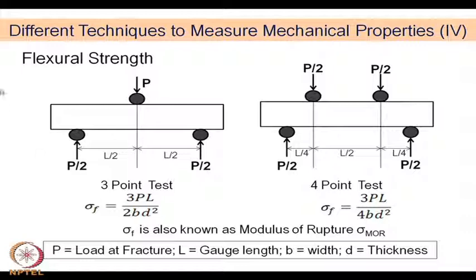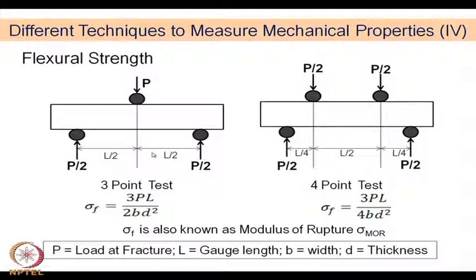Now, these are two different modes of flexural strength testing. It is basically a bending test. You have two supports at the bottom, and on the top, at the middle of the two supports, you have a compressive load. So, this force is acting upwards, this force is also acting upwards, and this force is acting downwards. There are of course standard dimensions for each of these measurements.